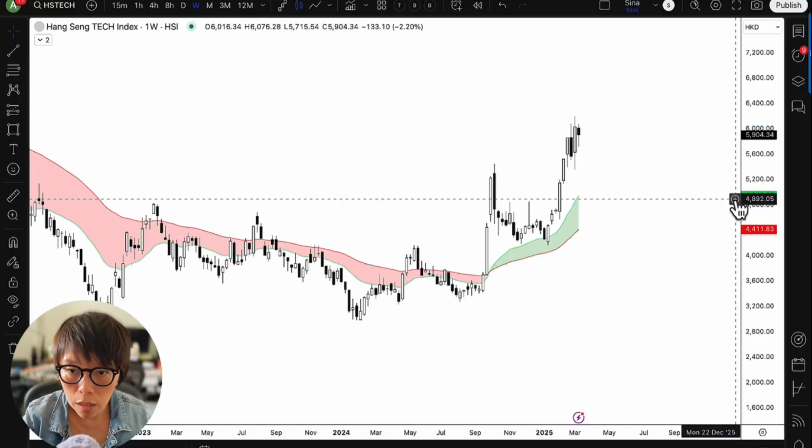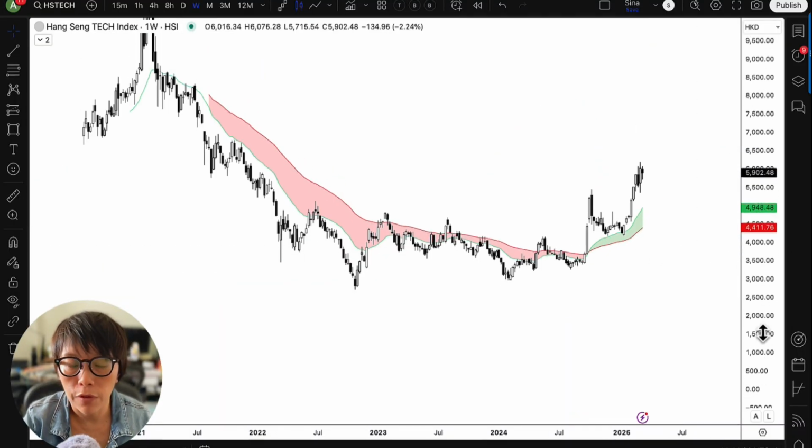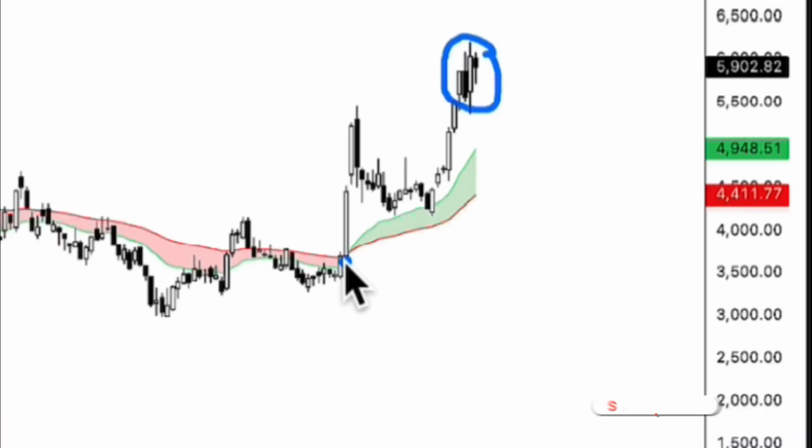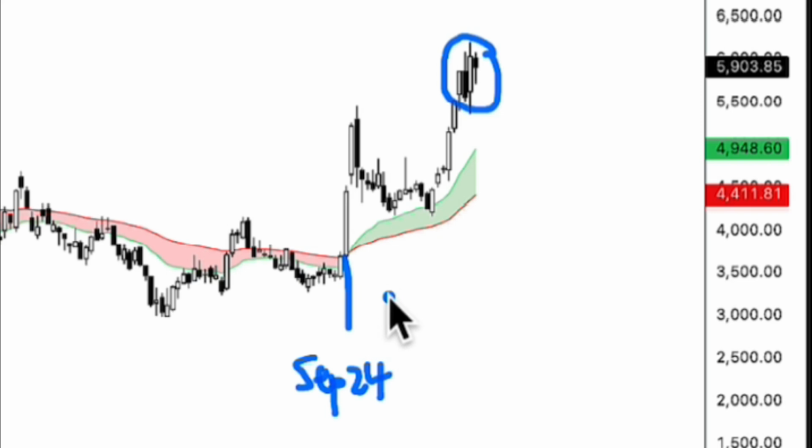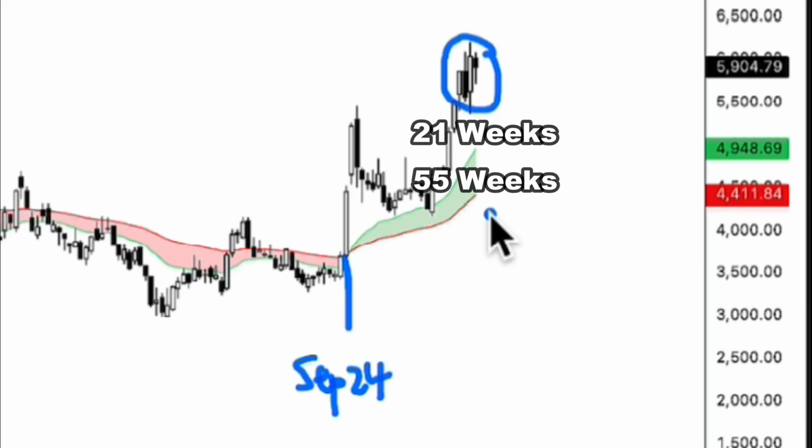Okay, so if you take a look at Hang Seng Tech from the moving averages point of view, right now prices, starting from last year September, which is September 2024, have been trading above the moving averages of the past 21 weeks and the past 55 weeks.